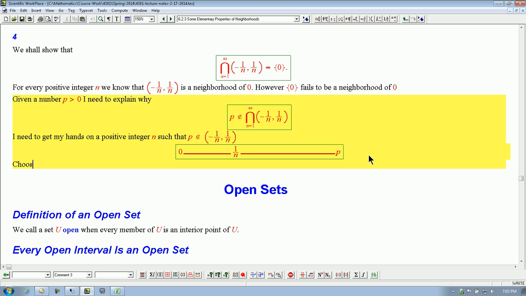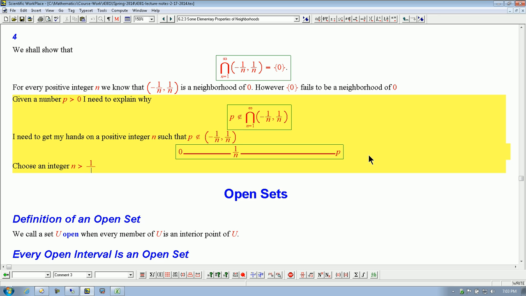So, okay, well, this is how you can get n. Choose an integer n greater than 1 over p. You know you can do that because the set of integers is not bounded above, you see? And observe that 1 over n is less than p. You see?